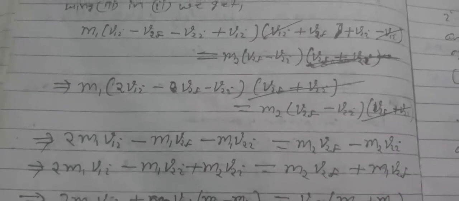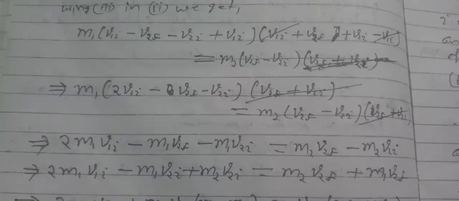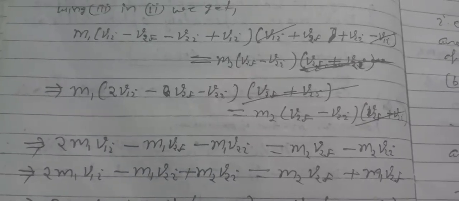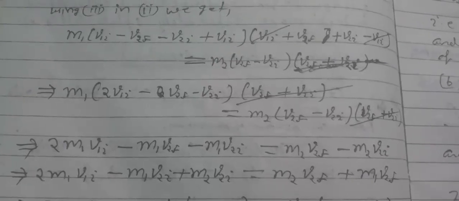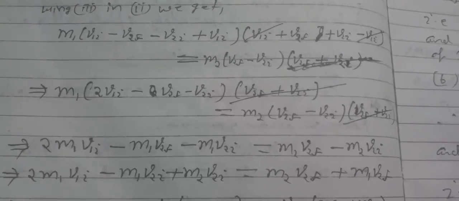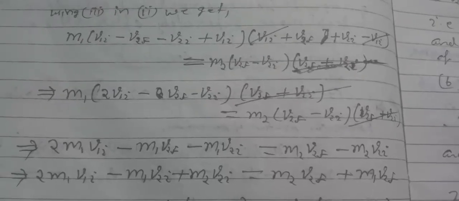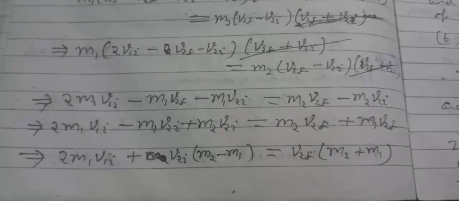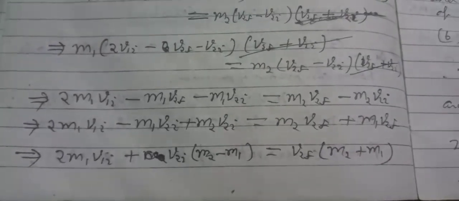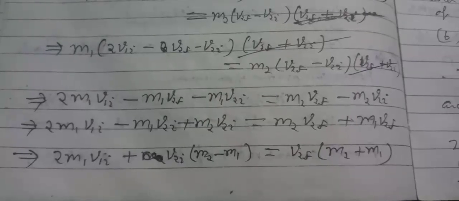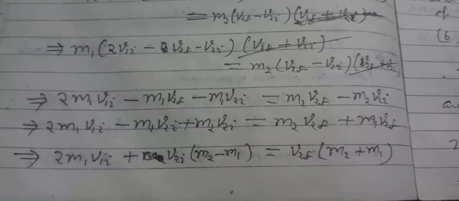This implies m1(2v1i - v2f - v2i)(v2f + v1i)... equals m2(v2f - v2i)(v2f + v2i). This implies 2 m1 v1i - m1 v2f - m1 v2i = m2 v2f - m2 v2i.